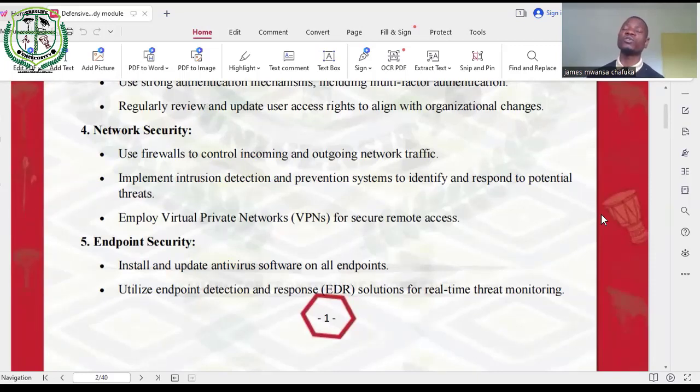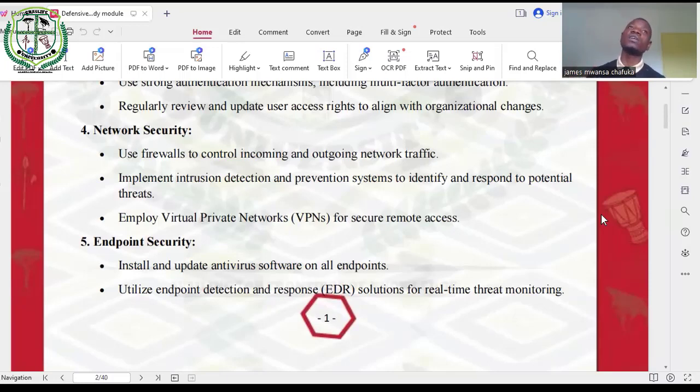It is very important to put up a security measure that controls the incoming and outgoing traffic, because the firewall is able to control it depending on the IP address.